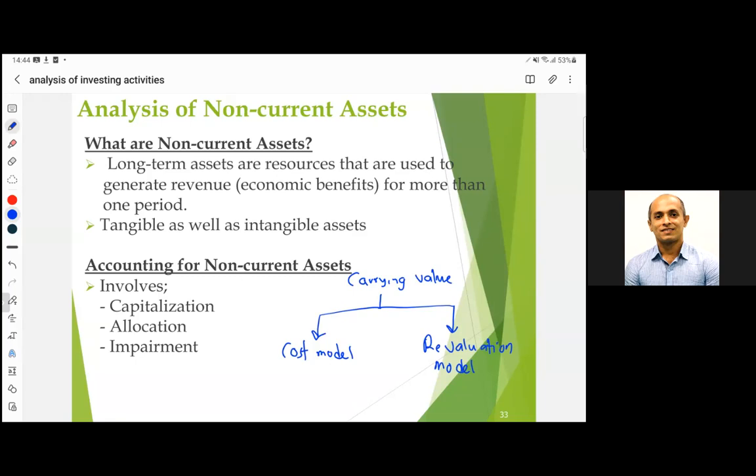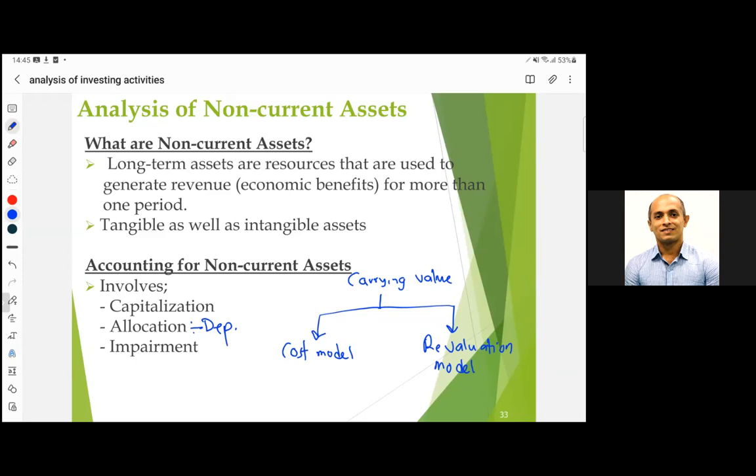So in these two models, you are doing capitalization, then allocating the cost of the asset capitalized. So we call it depreciation. In both models, you capitalize the value of the asset.